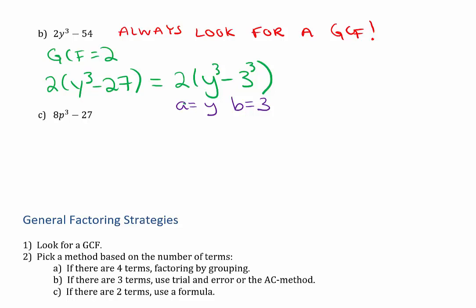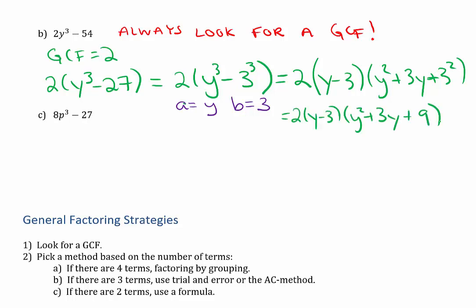I'm going to replace the a's with y's and the b's with 3's. I make sure that I include that GCF. The 2 is going to stay in front of the problem. And so my final answer is 2 times y minus 3, y squared plus 3y plus 9. Just like before, we can't go any further with that trinomial. That's always going to happen in these problems. Once you use your formula, you're going to be done with the problem.